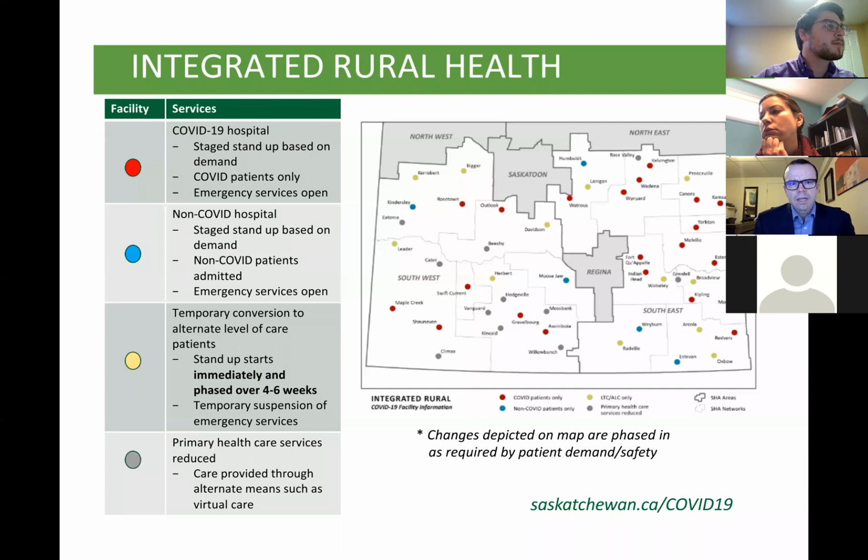I'll say that any temporary suspension of services in any of the communities out there, those aren't easy decisions, and mostly when we do disrupt services, it's as a result of staffing, or not having the right available staffing to support a site. In this case, again, this wasn't an easy decision to make because we know that it has an implication for those communities.